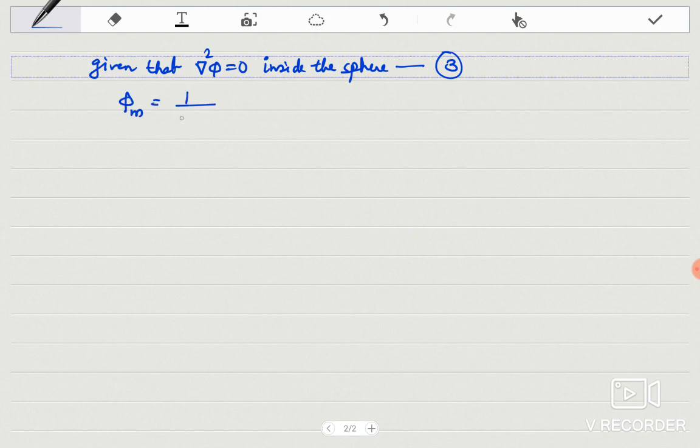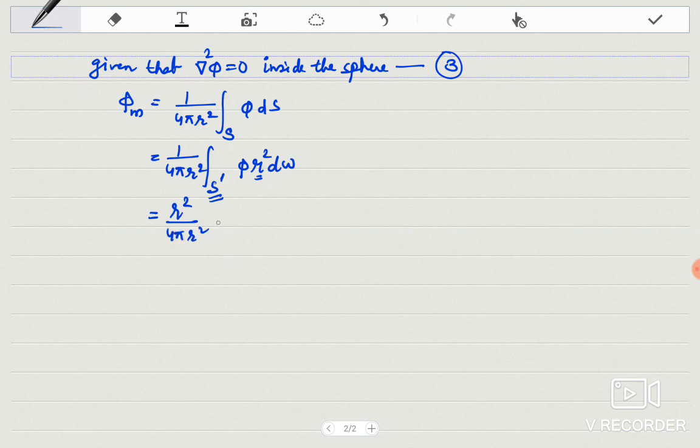Phi m was 1 upon 4 pi r square integral of phi dS over the surface S. If I replace this dS by d omega, then it will be phi r square d omega from that previous relation, and now this will be over S dash, not over S. Now your S dash is of unit radius and it is independent of r, so I take this outside: r square upon 4 pi r square integral over S dash of phi d omega. r square is cancelled, leaving 1 upon 4 pi integral of phi d omega.